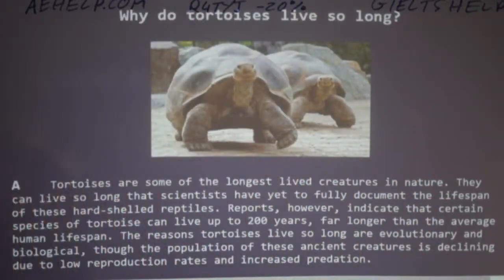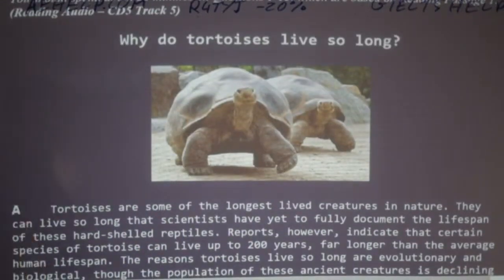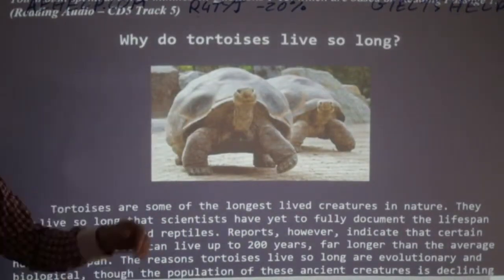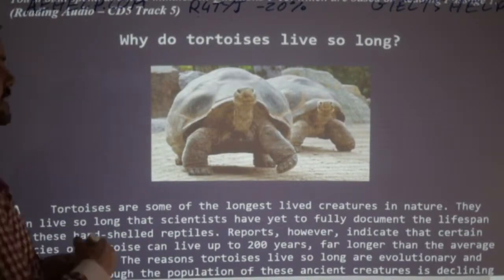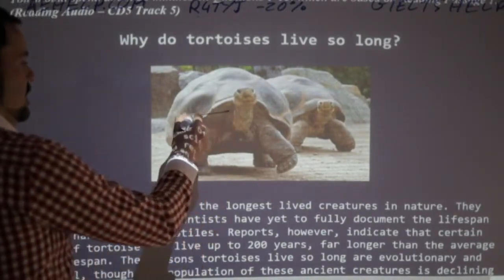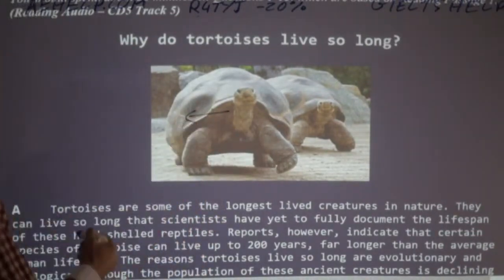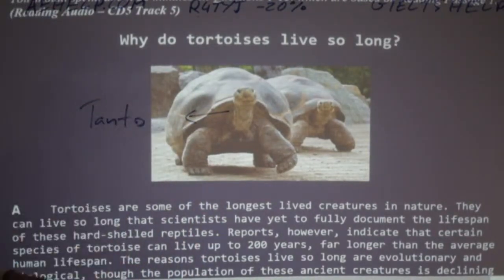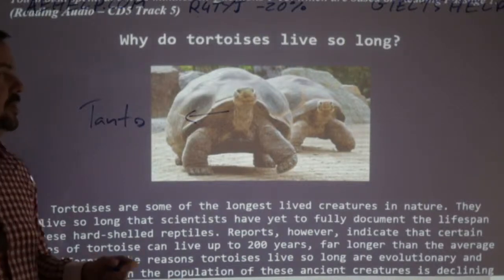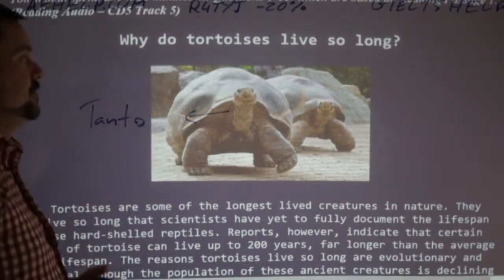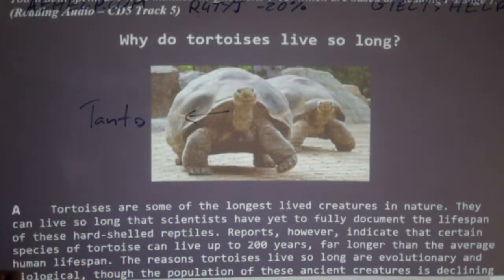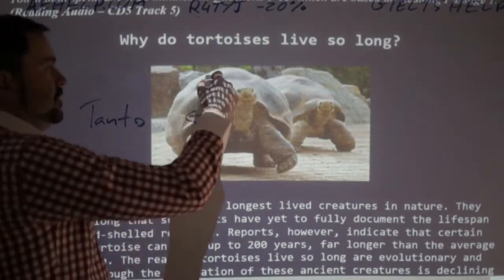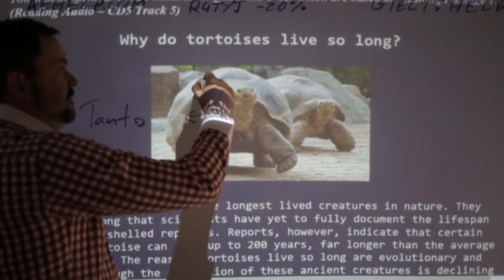I'll tell you what I would do. I would imagine that this is my pet turtle. My pet turtle's name is Tonto. I'm just going to give it a name. I don't know why, I've always liked that name, Tonto. So this is my pet tortoise, not turtle, right, Paulo? So this is my pet tortoise, Tonto, Tonto the tortoise. And Tonto the tortoise is very big and very old.